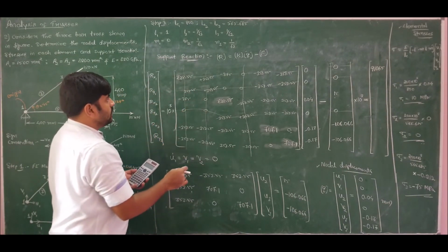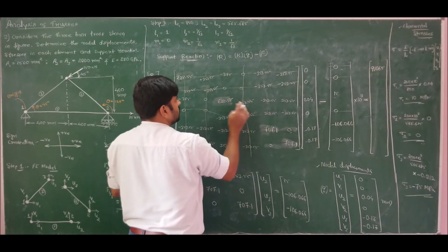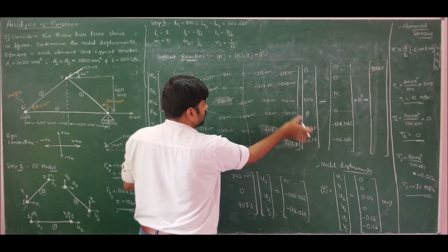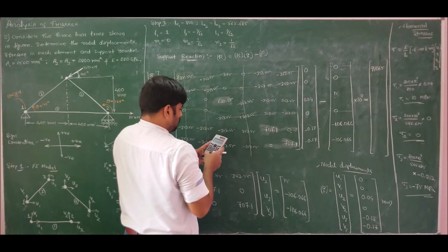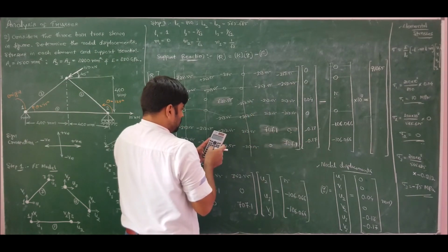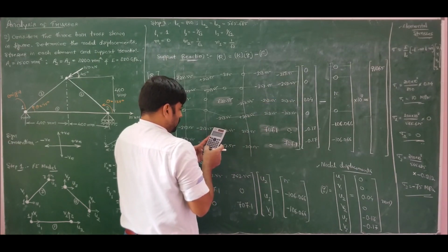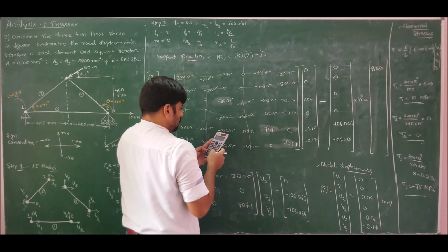Coming for Ry1, this will get multiplied with 0, leave it. This will get multiplied with 0, leave it. 0 into 0.04 leave, 0 into 0 you leave. These two will get multiplied with these two. So therefore minus 353.55 into minus 0.13 plus minus 353.55 into minus 0.17.